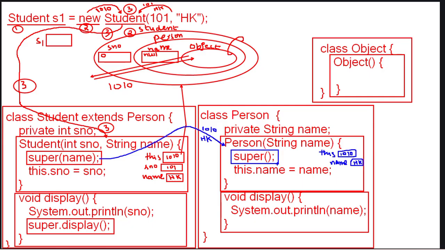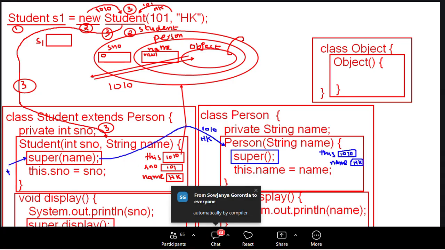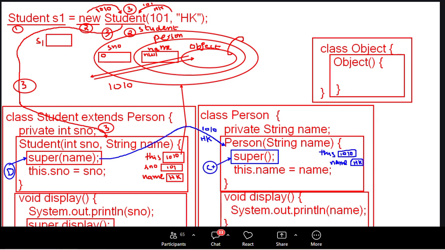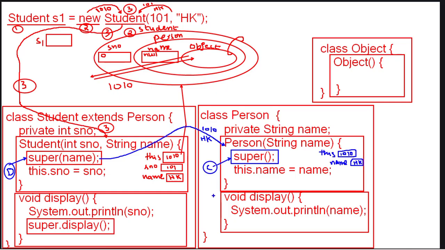This is the super call, automatically placed by the compiler. It must not be placed by the developer; it is placed by the compiler. In a no-param constructor, the call super no-arg is automatically placed by the compiler.